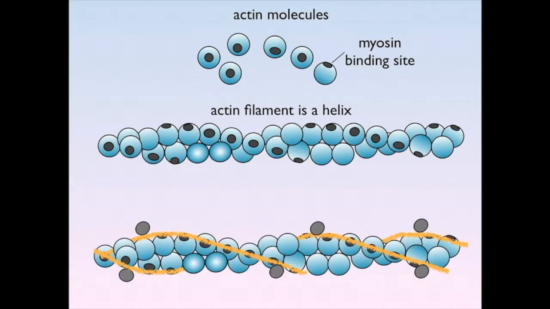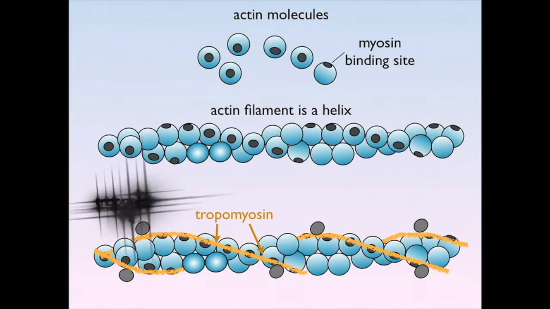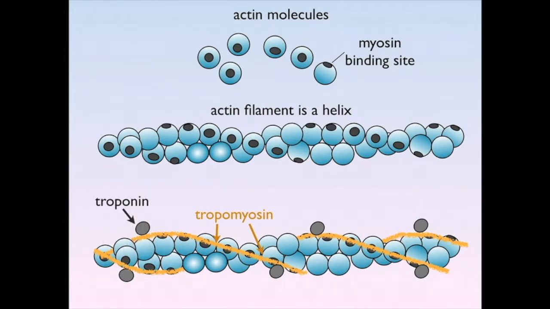There are also two additional proteins associated with each actin filament. The first protein is called tropomyosin and is located along the grooves of the actin helix and acts to cover the myosin binding sites. The second protein is called troponin.